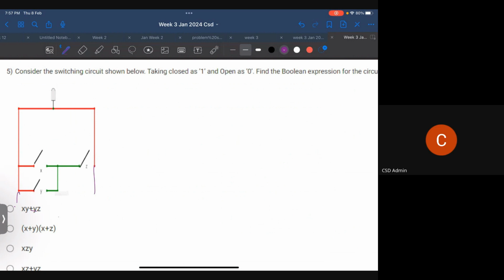Yes. You can also draw the truth table with X, Y, Z and F. When the LED will glow, let's draw the truth table.